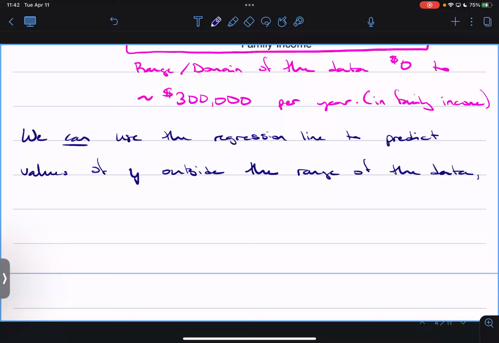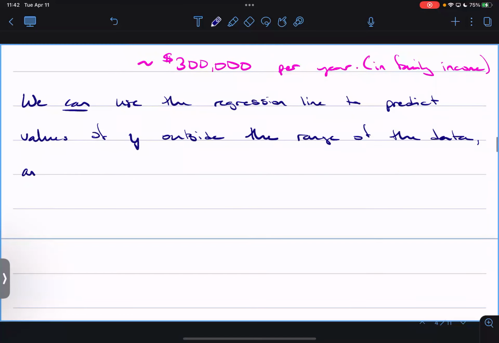And sometimes it's still our best prediction. Sometimes it is our best prediction, right? It's the best thing we've got.